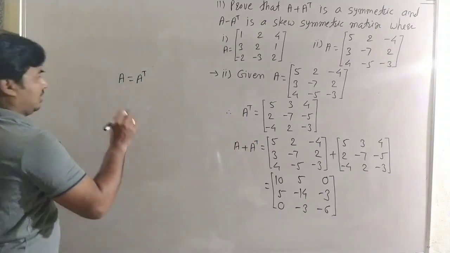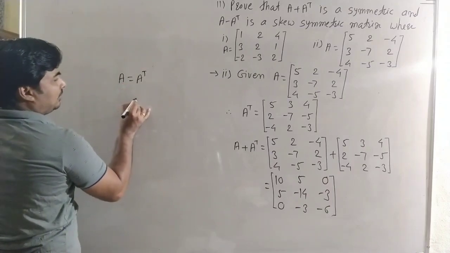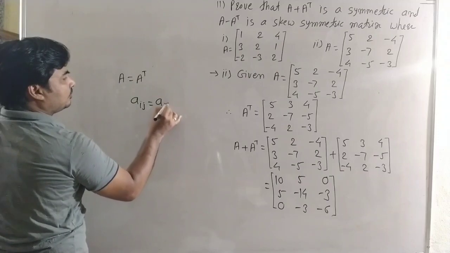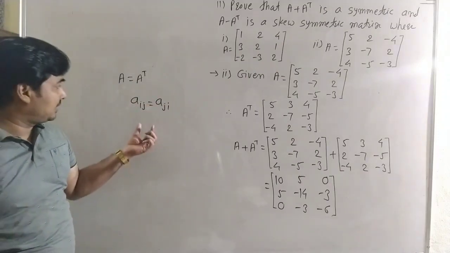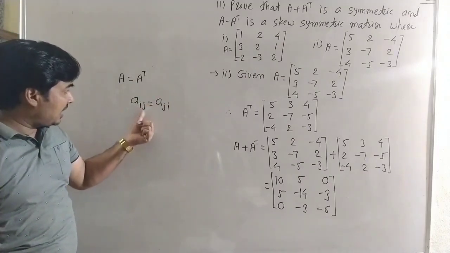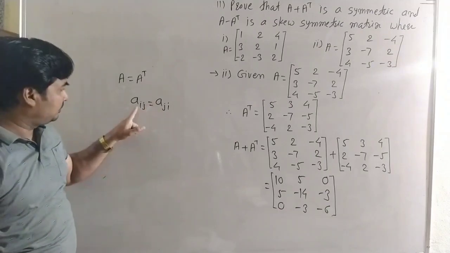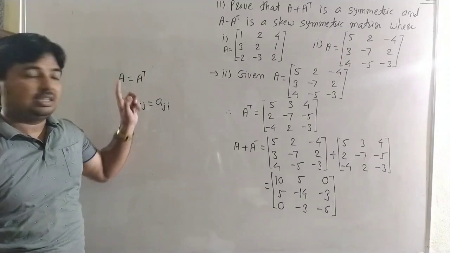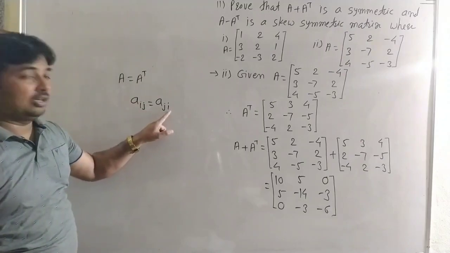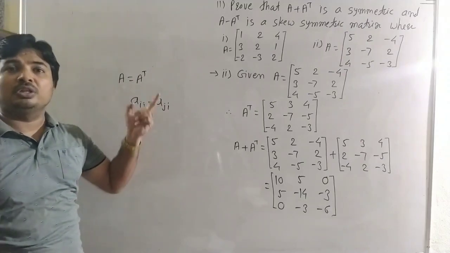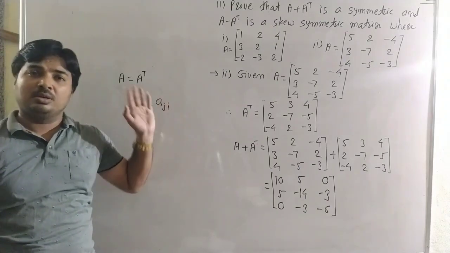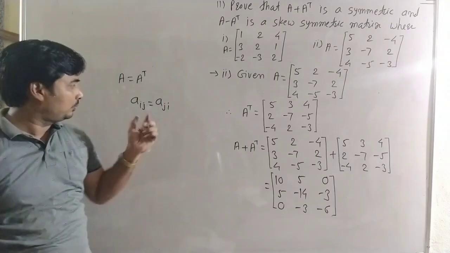Also, we can prove it if in the matrix, Aij is equal to Aji, the elements in the matrix, where only the row number and column number are interchanged. That means here 1 2 and 2 1 are the same. 1 2 is the position of the element in the first row, second column, and 2 1 is the position of the element in the second row, first column.